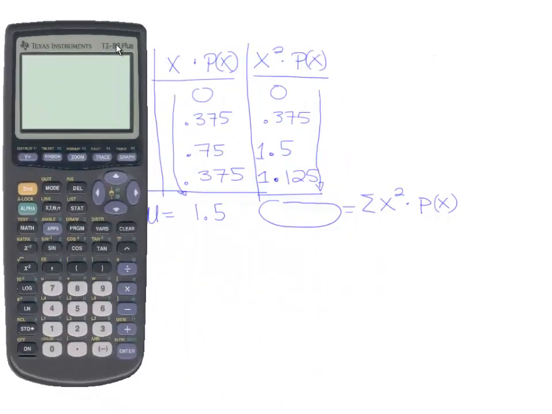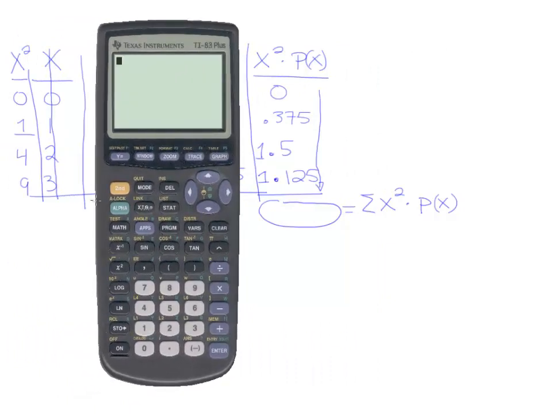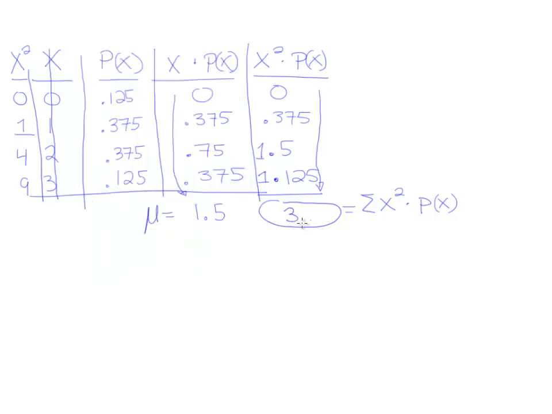So I'm going to quickly add together that x squared p of x column. So it'll be 0 plus 0.375 plus 1.5 plus 1.125. When we're done, we get the sum 3. So we know that adds up to 3. Now this is going to be used in the formula.